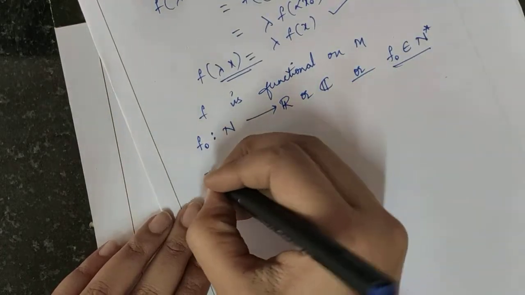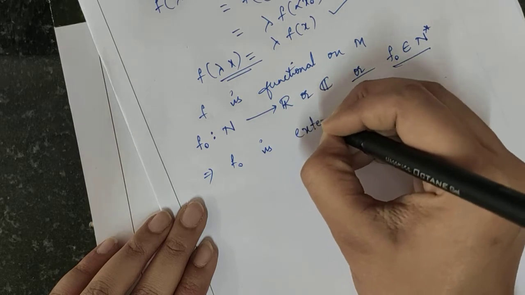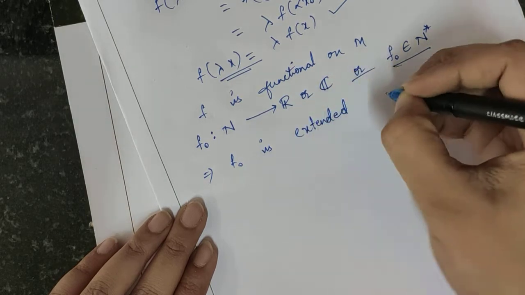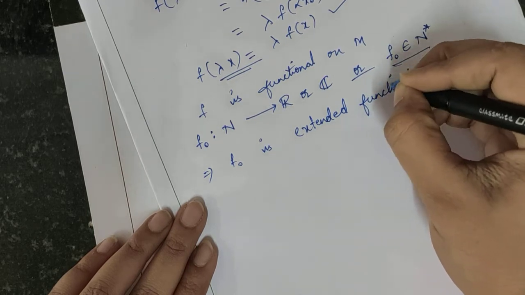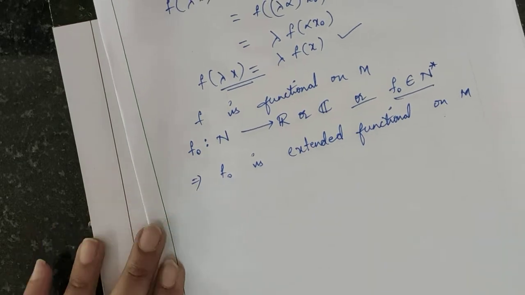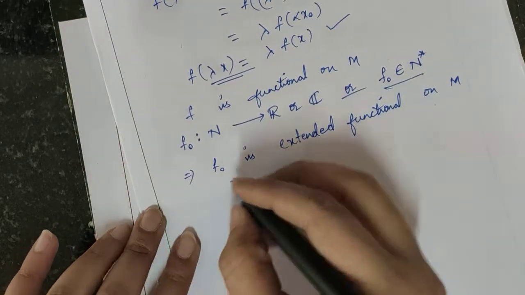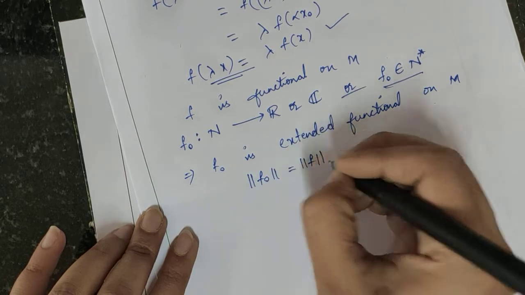So this means f naught is the extended functional on M, right? So from the consequence of Hahn-Banach theorem, we can write norm f naught is equal to norm f.